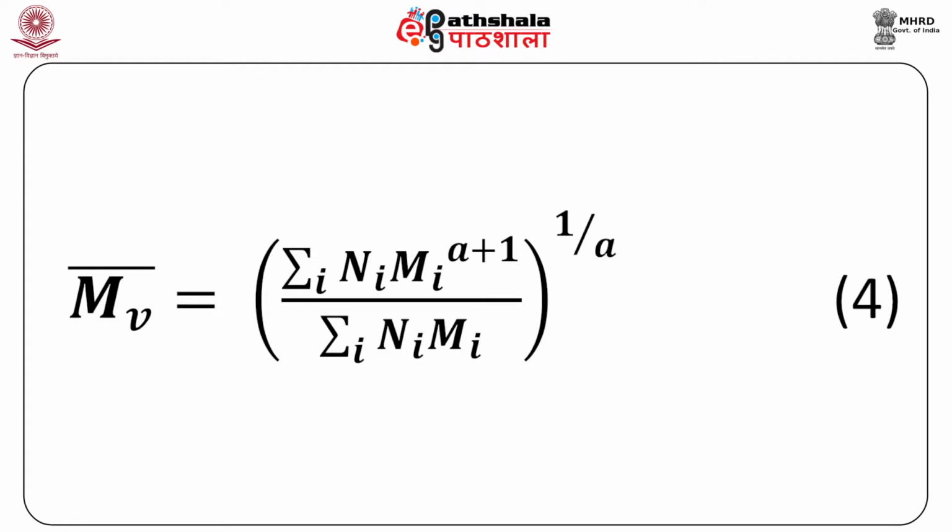Number 4 is the viscosity average molar mass, M̄v, equal to summation NiMi to the power a plus 1 divided by summation NiMi, whole to the power 1 by a. This is our equation 4.